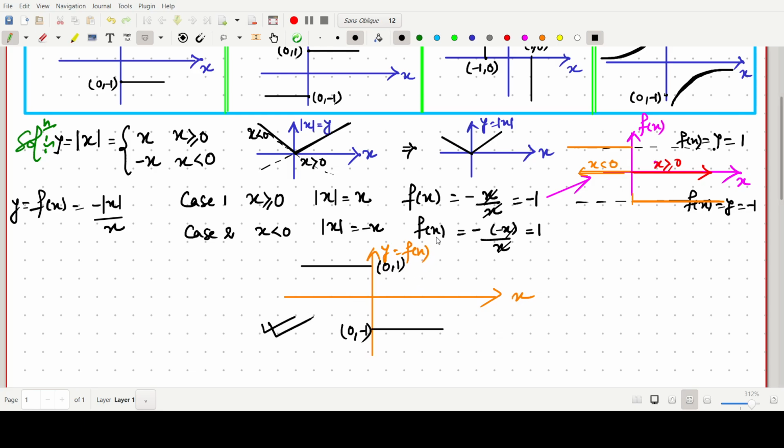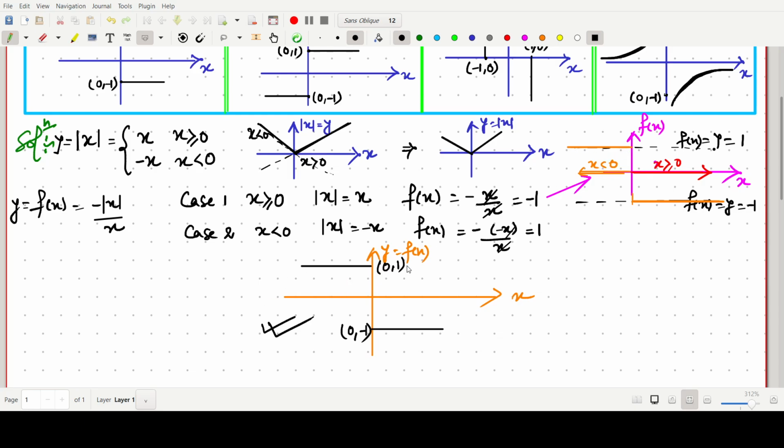So what we did: mod x equals x for x greater than 0, so the value is minus 1, and for x less than 0 the value is 1, a line parallel to the x-axis.